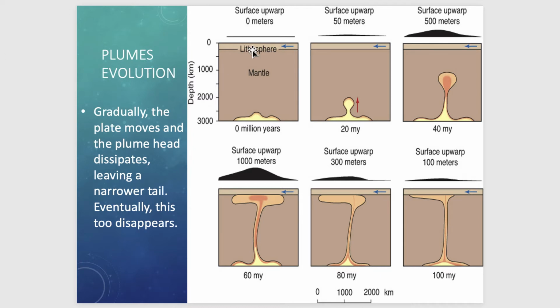So the crust is here, so it's a relatively thin layer of silicates that is separated from the mantle by the Mohorovičić discontinuity.